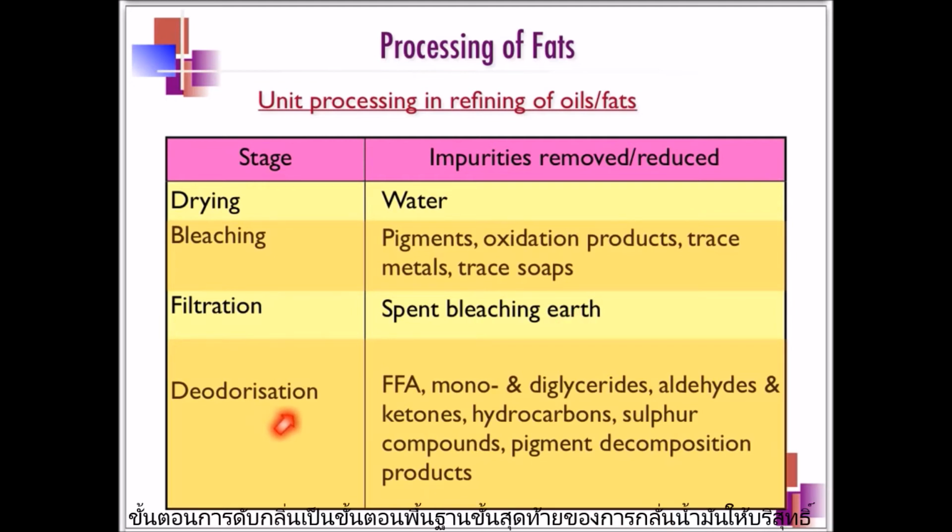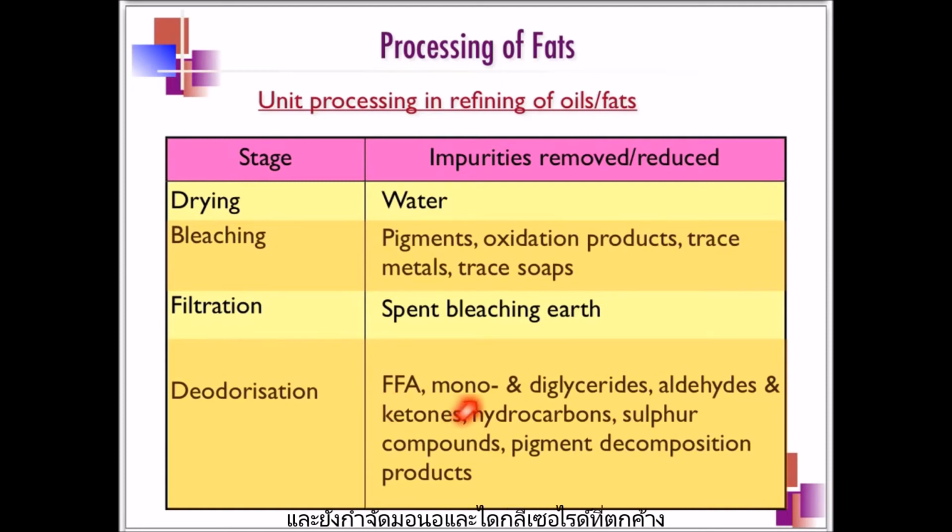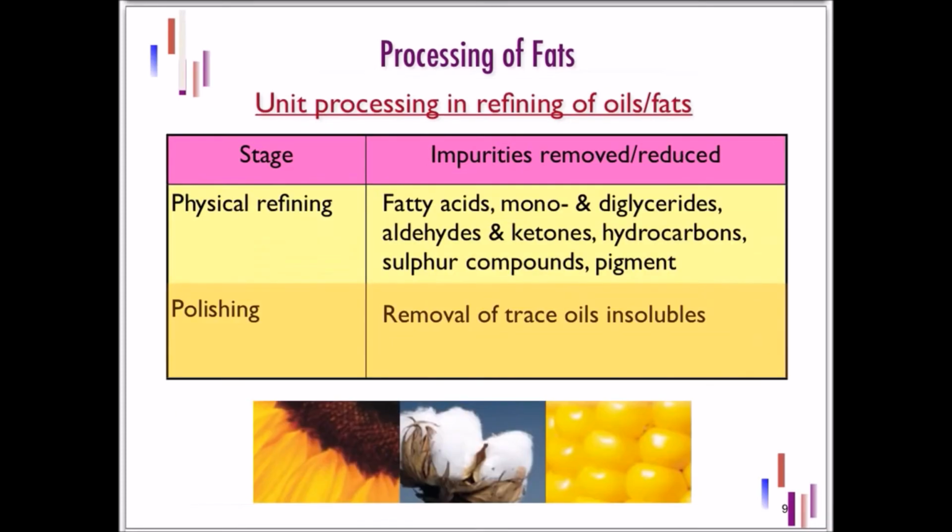Deodorization is basically the final step in the refining. This involves a high-temperature process to remove the volatile fatty acids down to a very, very low level, and also to remove some residual mono- and diglycerides and other small compounds, aldehydes and ketones, hydrocarbons, sulfur compounds, and the products of pigment decomposition from the oil.